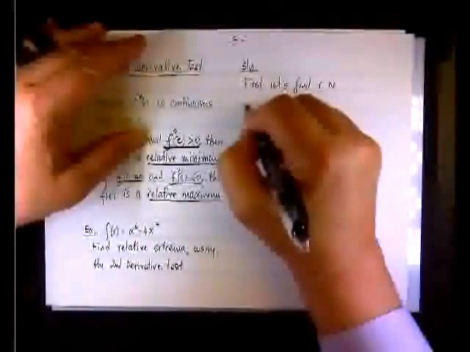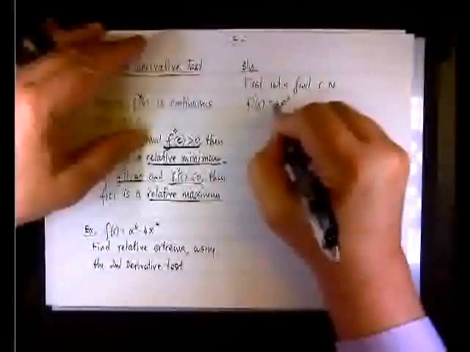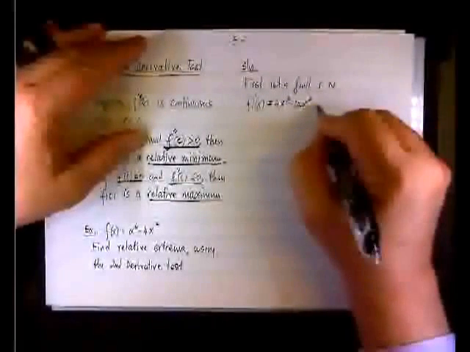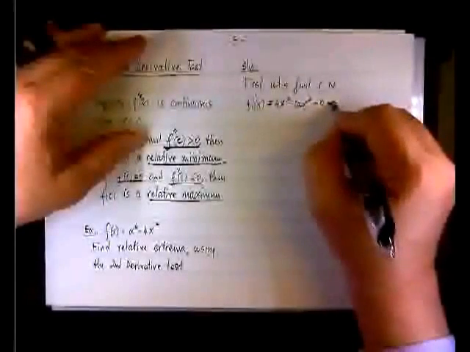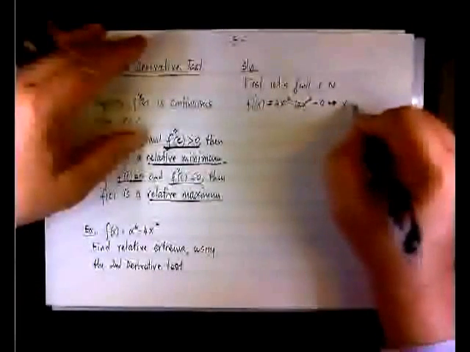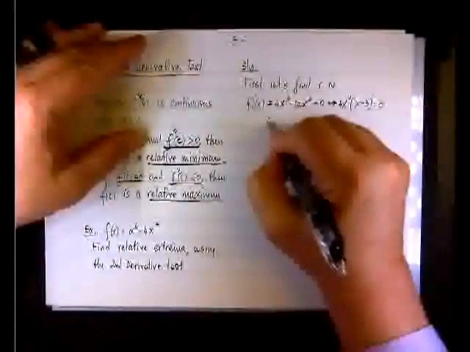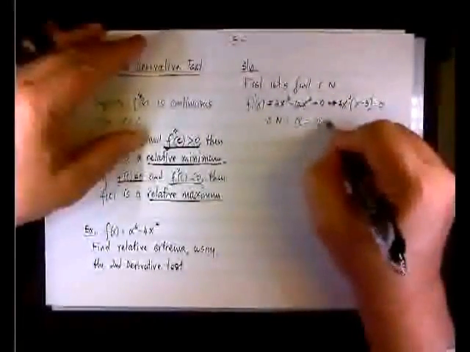So what is f prime? f prime of x equals 4x cubed minus 12x squared, and we want it to equal 0. Let's factor out 4x squared and get x minus 3 equals 0. So the critical numbers are x equals 0 and x equals 3.